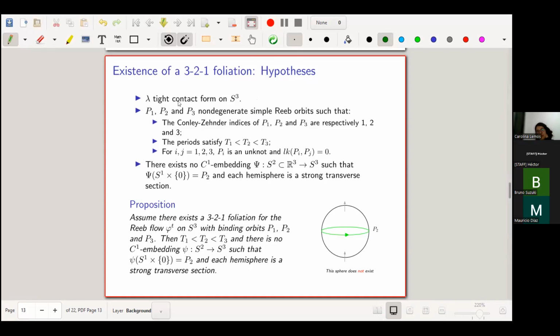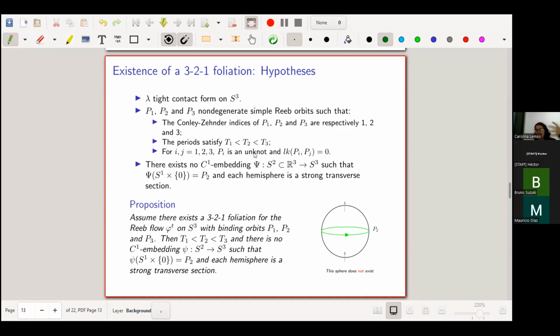So the idea is the following: we consider a tight contact form on S3, and we assume the existence of three special orbits that are non-degenerate and have the appropriate collision indices, and have periods satisfying this. The period of the index 1 orbit is smaller than the period of the index 2 orbit, which is smaller than the period of the index 3 orbit.